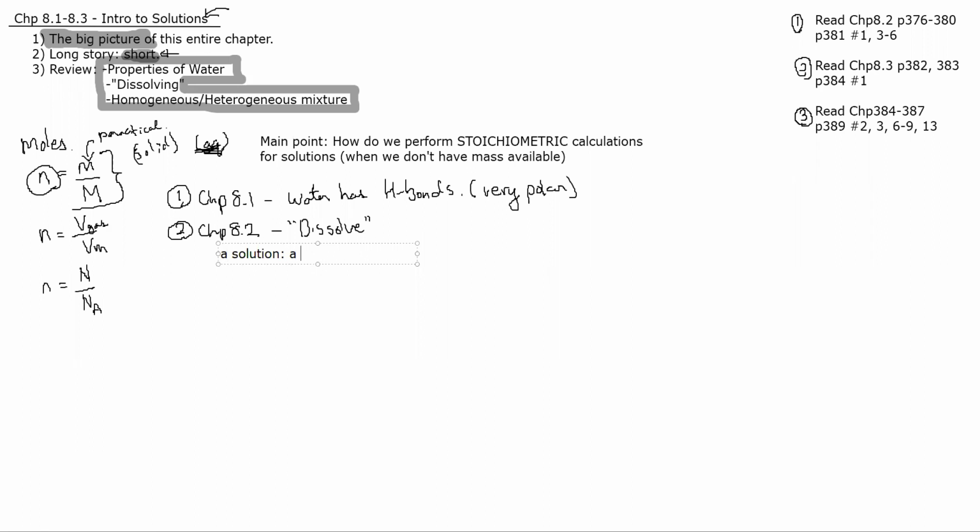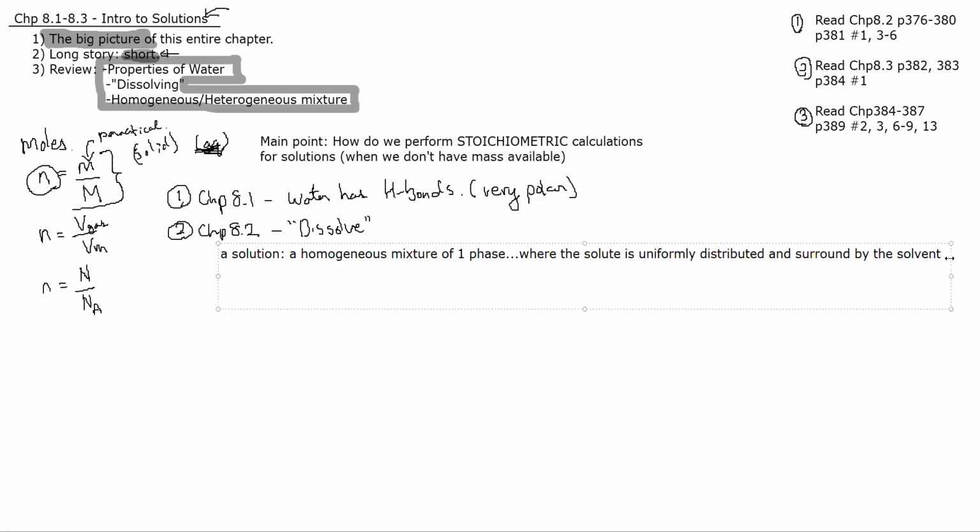A solution is a homogeneous mixture of one phase, where the solute is uniformly distributed, surrounded by the solvent. I'm using terms that you may have seen in grade 9.